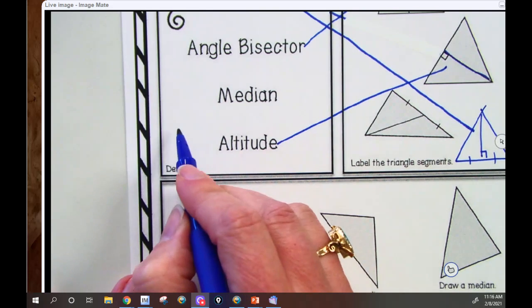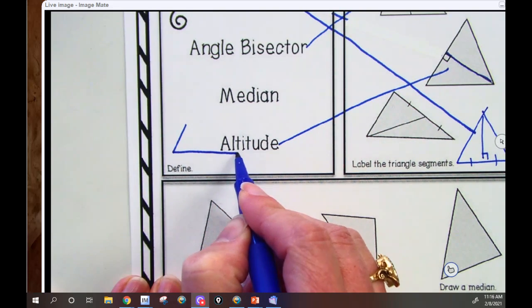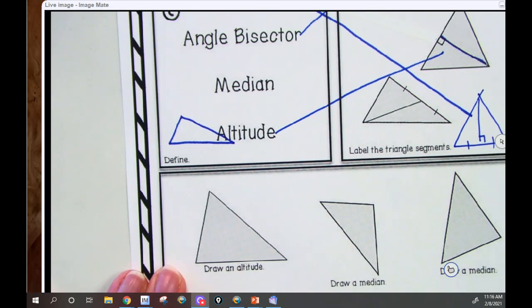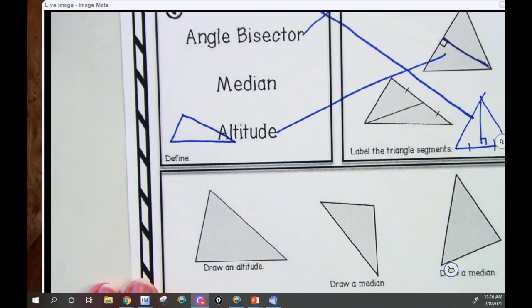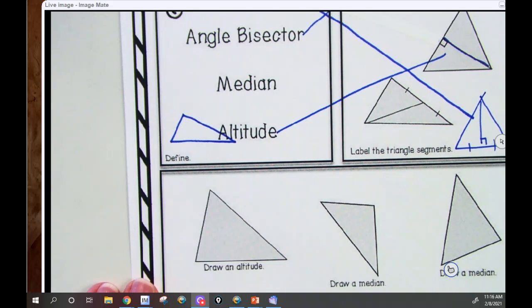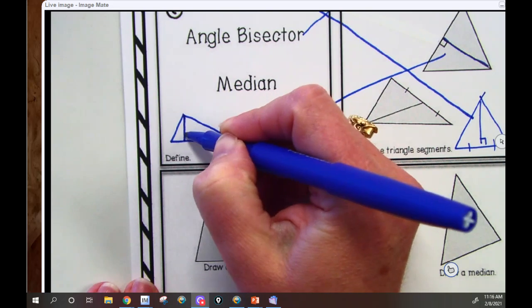Now I want to show you a more obvious altitude. Draw a triangle with a really long side. Now, to have an altitude from that top vertex, that means a straight line down to the opposite side. Straight line down to the opposite side creates a right angle.